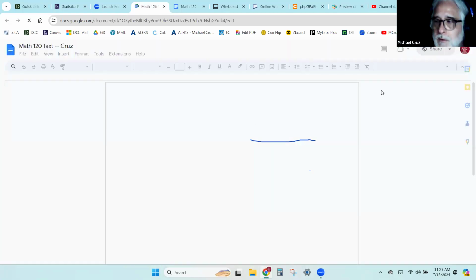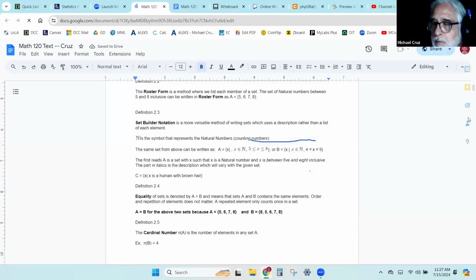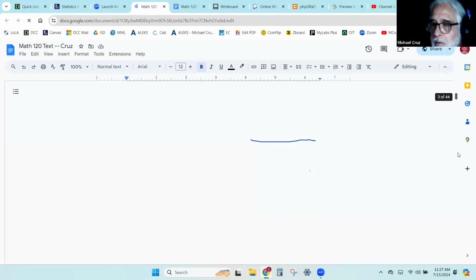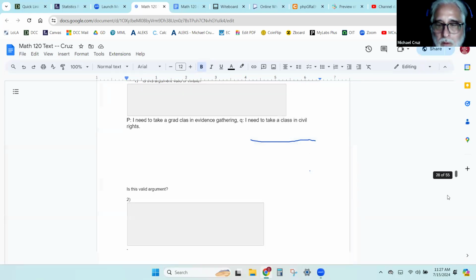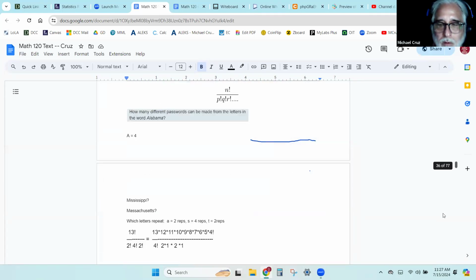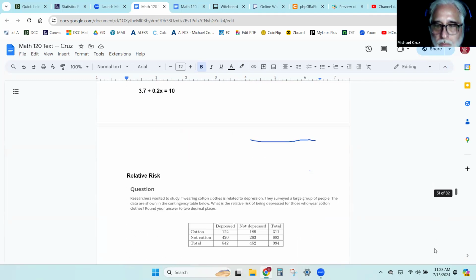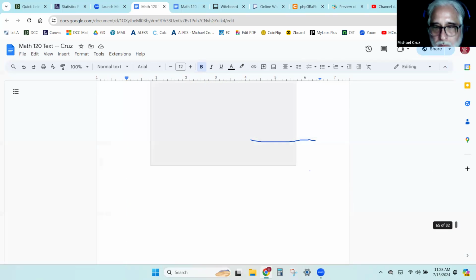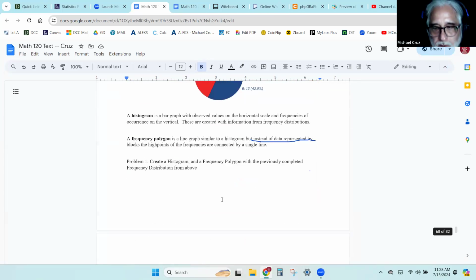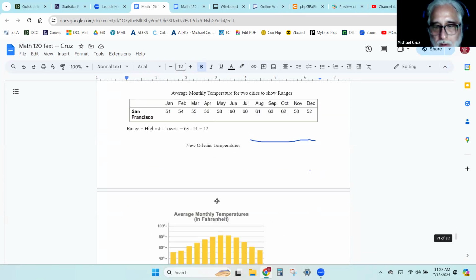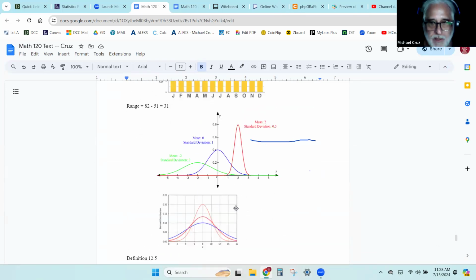Okay, looking at the green one, we can see how it's spread out.